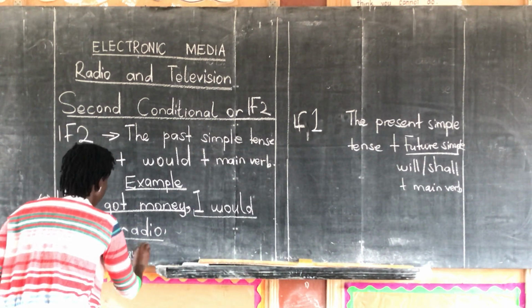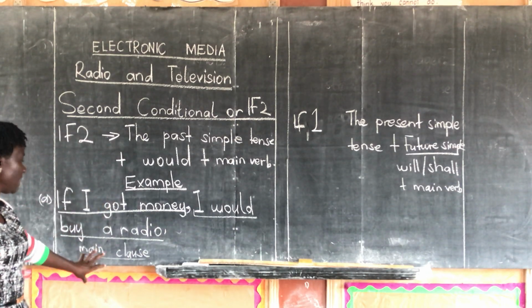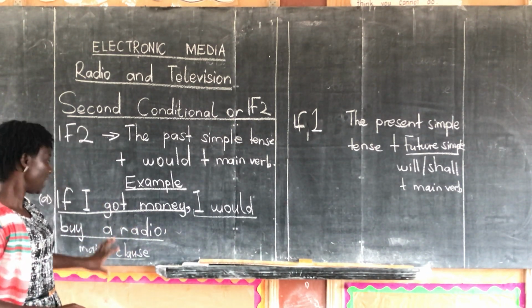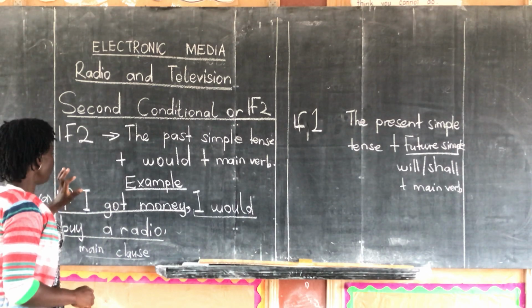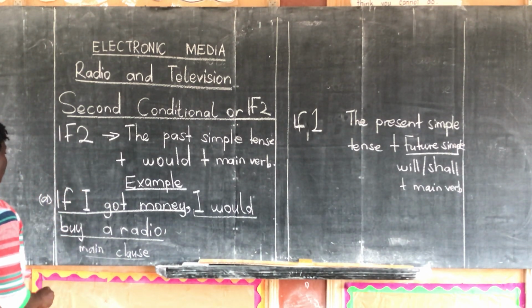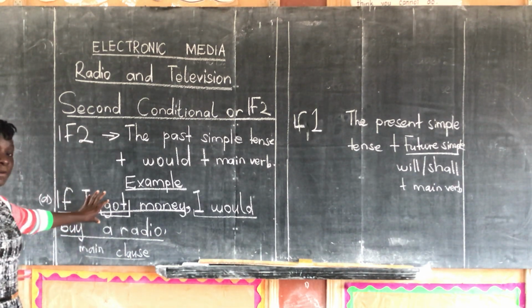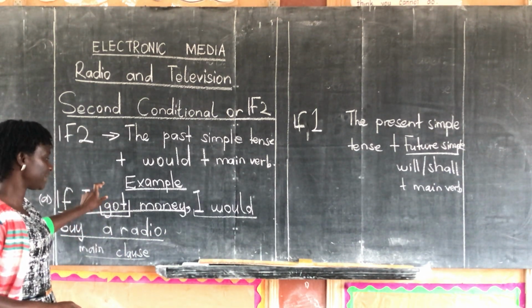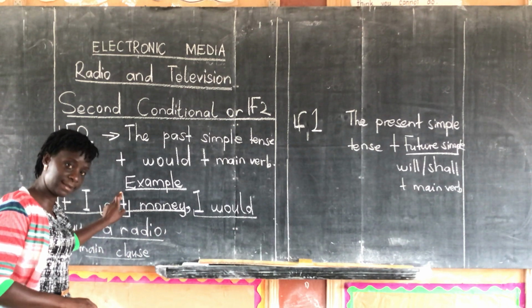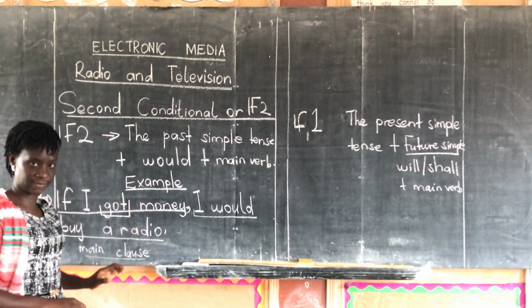It's called the main clause. This is the if clause, and this is the main clause. Now, if 2 is composed of the past simple in the if clause.